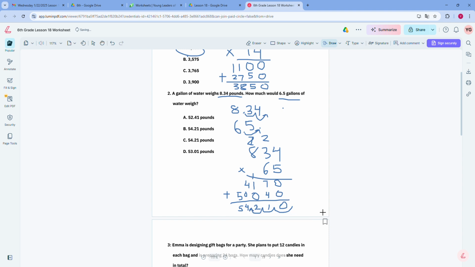So that's where you want to put your decimal point that you had previously. And that would mean that your answer is actually 54.21. Well, there's the same answer twice, but yeah, it would be B or C in this situation.